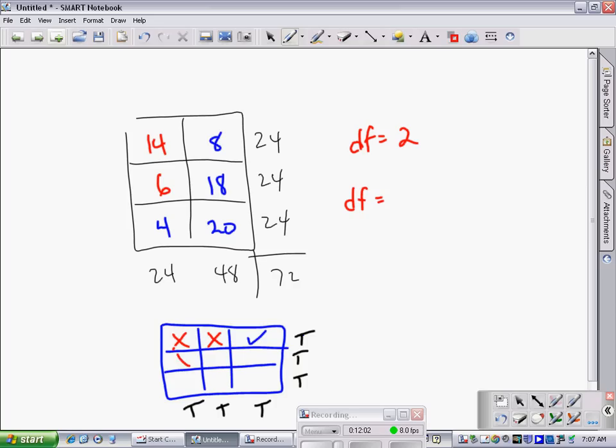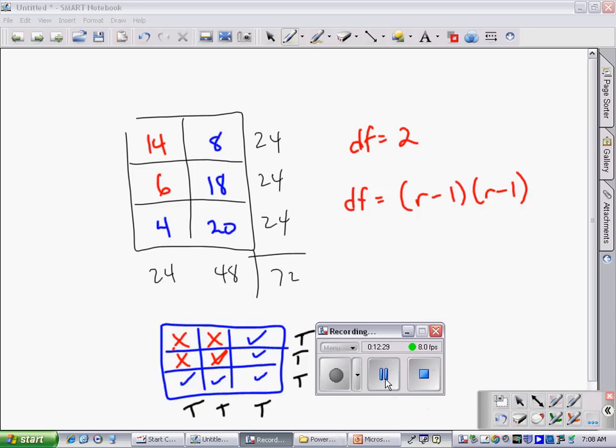Now if I throw this one in, you'll be able to figure this out. And when I throw this one in, you'll be able to figure this one out, and finally this one out. So for this problem, the degrees of freedom are 4. You might be able to see the formula for degrees of freedom: row minus 1 times column minus 1.